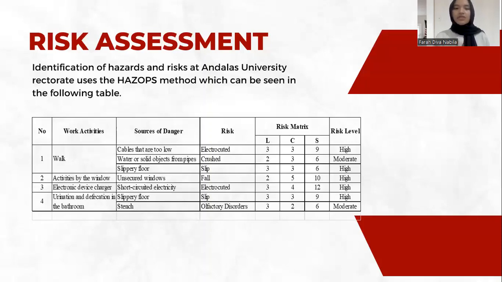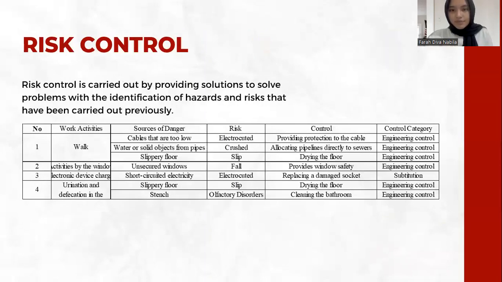Next is urination and defecation in the bathroom, with the first source of danger being a slippery floor, the risk being slipping, so the risk level is high. And the last source of danger is stench, where the risk is olfactory disorders, the risk matrix is 6, and the risk level is moderate.